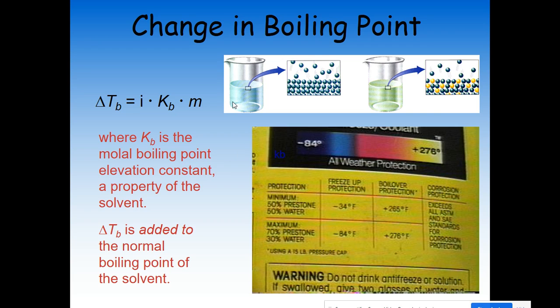And then m is the molality. So once we calculate delta T sub B, we add that change in temperature to the normal boiling point of our solvent. So for water, since water normally boils at 100 degrees Celsius if it's pure, we would add that delta T_b to 100 degrees Celsius to determine the boiling point of our solution.